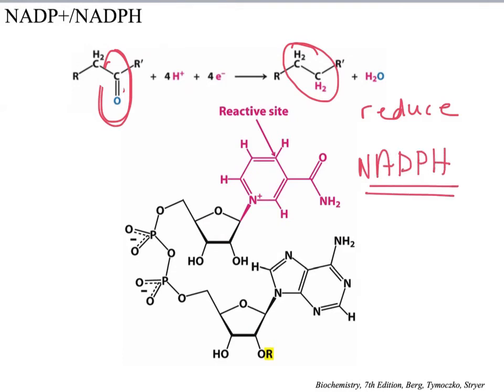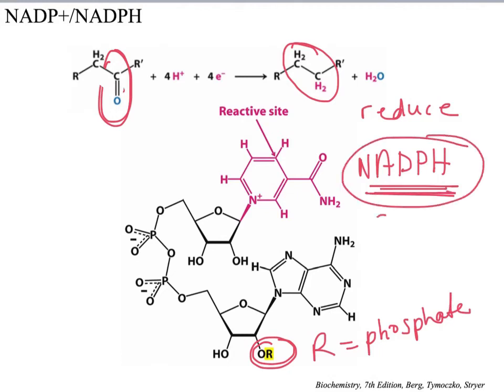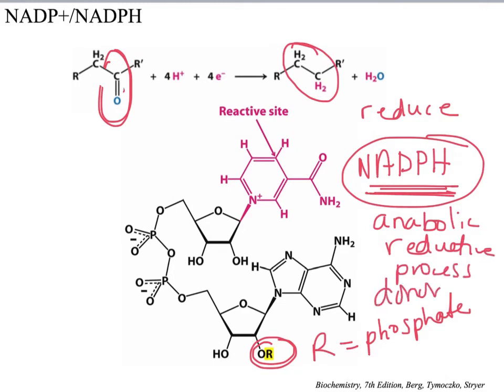Now, you can see it's very similar to the NADH. Here, at this position, the R is a phosphate group for NADPH. NADPH is used in an anabolic reductive process. It is a donor.